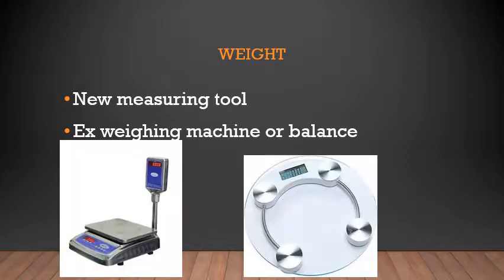These are the two modern tools to measure the weight of any substance or any person. If you want to weigh yourself, you can stand on the weighing machine and check your weight. Balance is used to check small things in grocery shops or coffee shops, where they can measure smaller quantities.